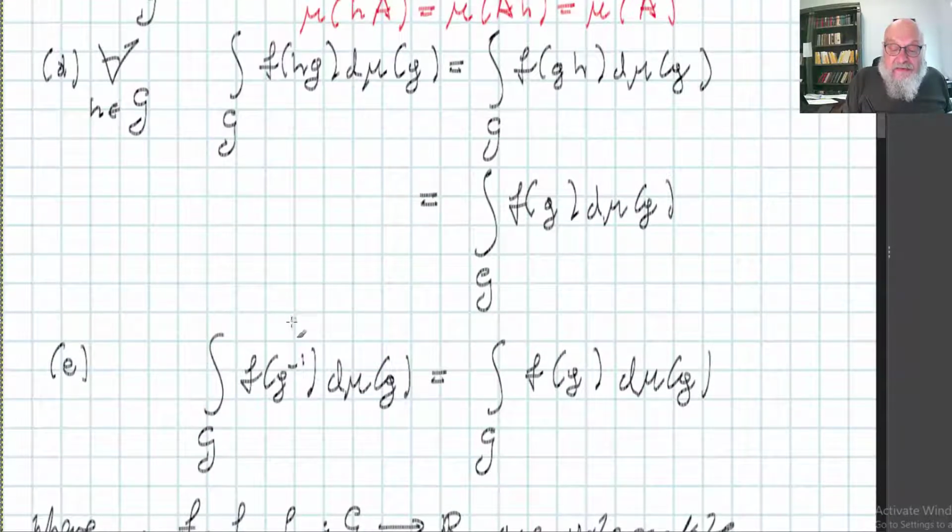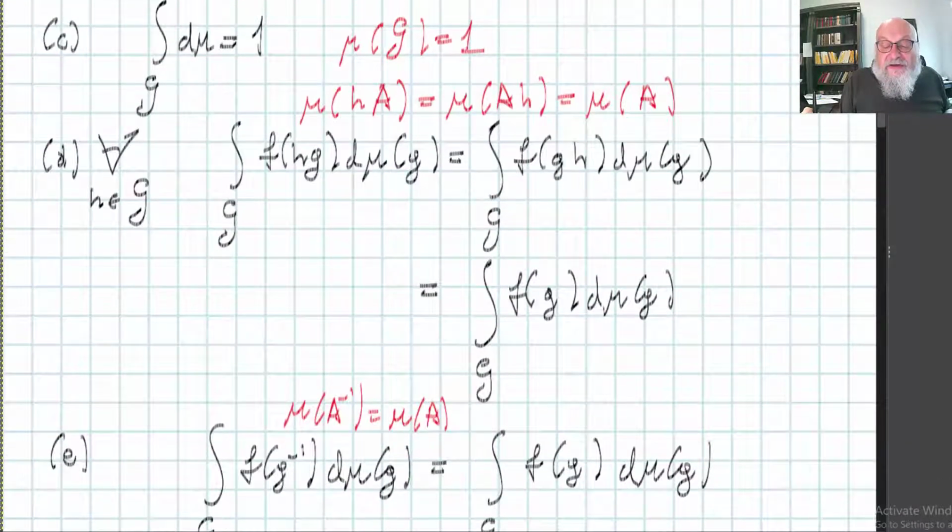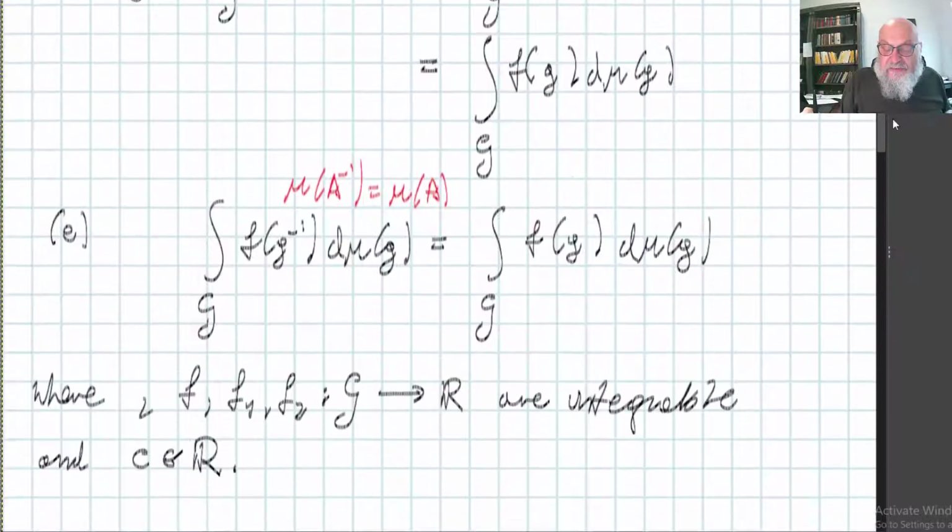And the final one is related to the fact that mu of A^-1 is the same as mu of A. The last property follows from the uniqueness of the Haar measure.